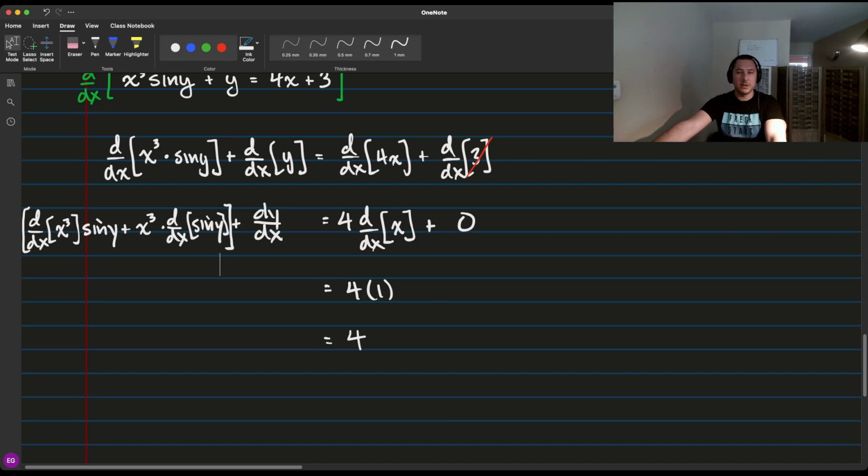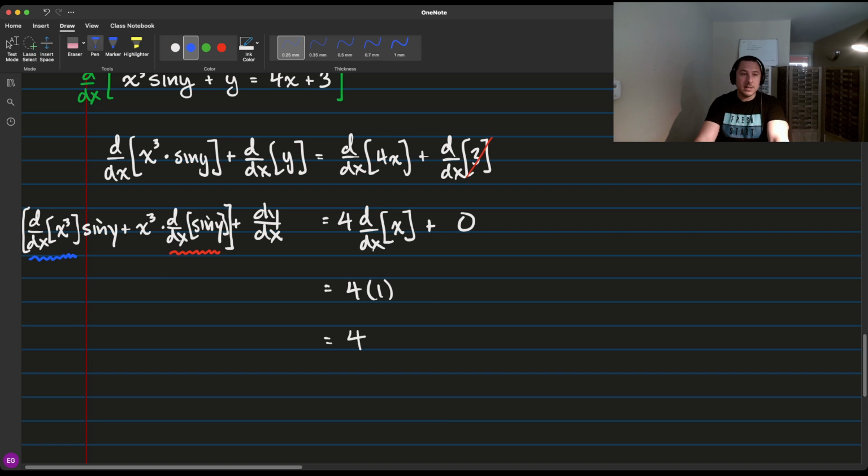Okay, now there are two different derivatives you're going to have to work with. One of them is the derivative of x cubed with respect to x. That's just a regular derivative. The other one is the derivative of sine y with respect to x. That's going to be an implicit derivative.